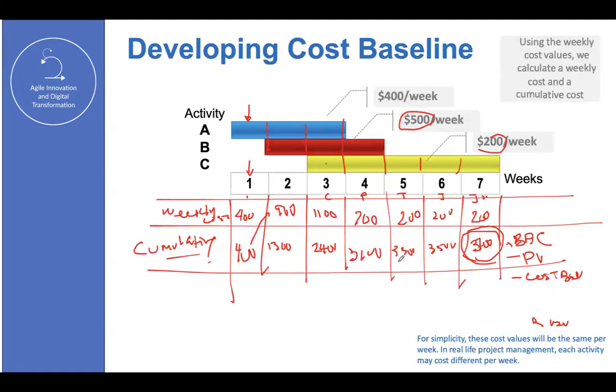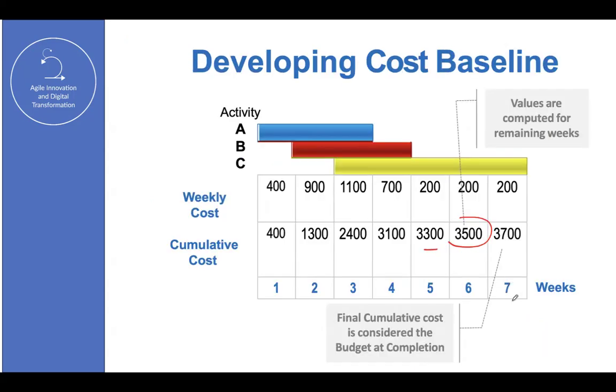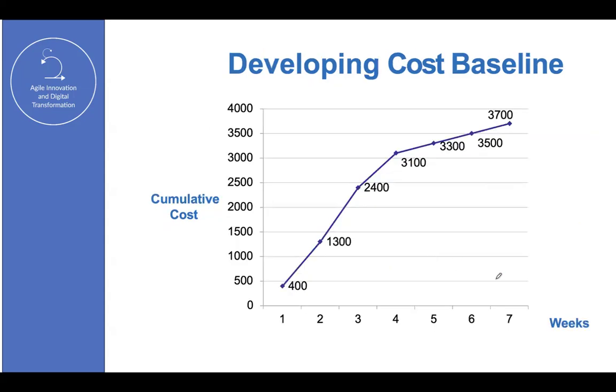Yes, 31, 33, 35, 37. Absolutely. So 7 weeks is the duration of the project, and 3,700 is the budget at completion. When you put this into a chart like this one, the shape is like an S. You see? This is an S curve.